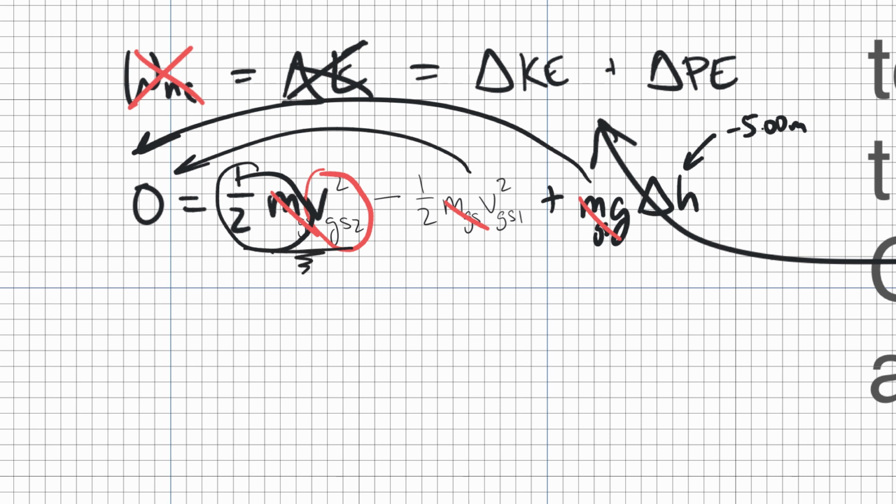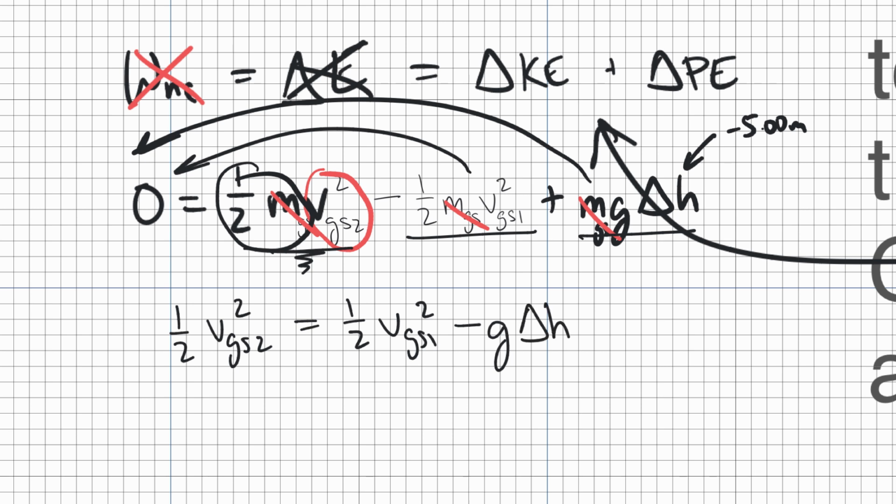So this term is going to be 1/2 V Gale and the sled 2, so that's after it has fallen some distance, squared, equals. Now I'm going to bring this over to the other side, so the sign will change. So it'll be 1/2 V_GS1 squared. And we're going to bring this over to the other side, so its sign is going to change, switch, g delta H.